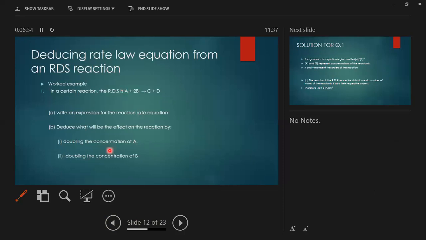So doubling the concentration of A should do what? Any idea? Please unmute your microphones and let's try to answer this. What will happen when we double the concentration of A?